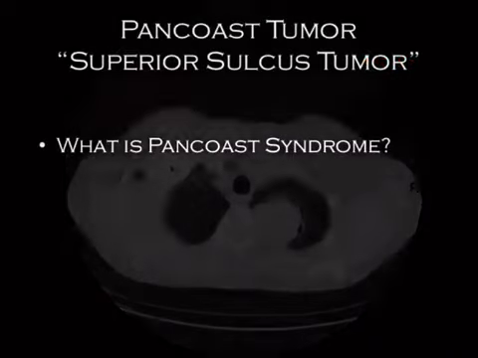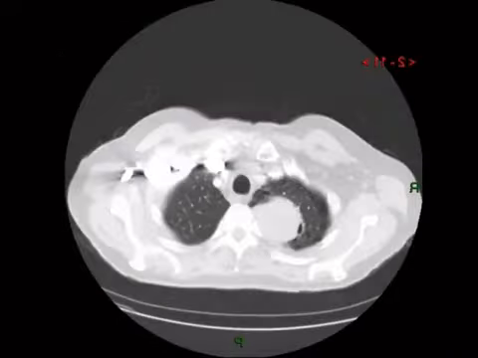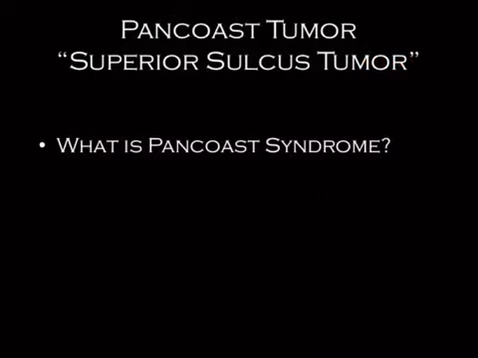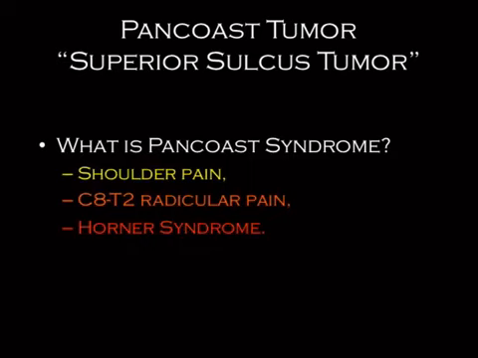Interesting. So that's your superior sulcus tumor. Notice I didn't call it a Pancoast tumor, because by the book, Pancoast tumors have to have Pancoast syndrome. Pancoast syndrome is basically shoulder pain, radiculopathy in a certain distribution, and Horner syndrome.